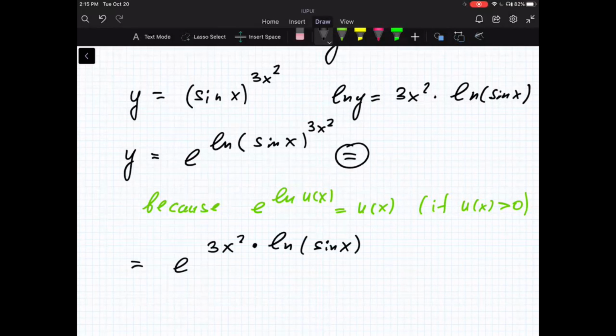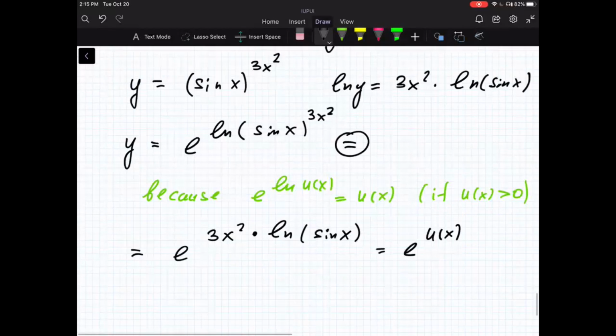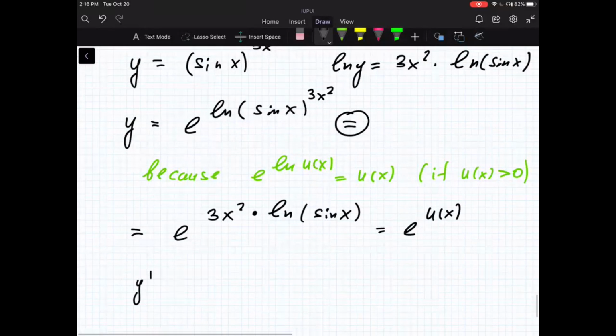So now you have just the product of a function and another function. So now it has the form exponential of some function that we know how to differentiate. And this is another way how you can think about this problem. And so y prime will be exponential of u of x times u prime of x, and so on.